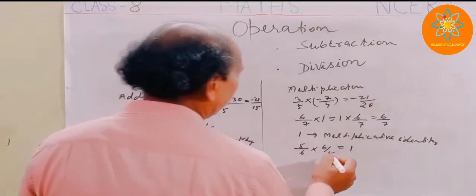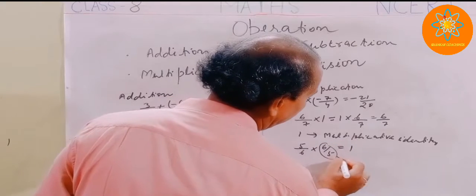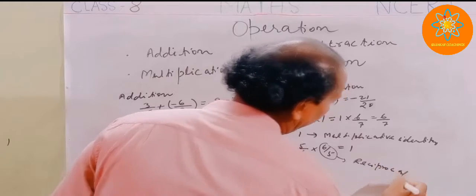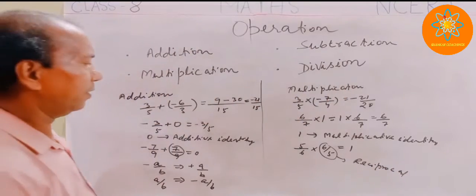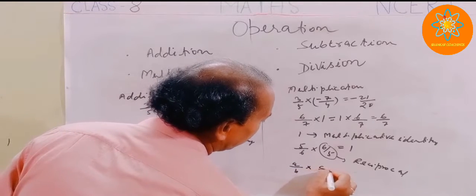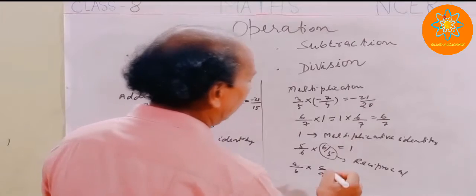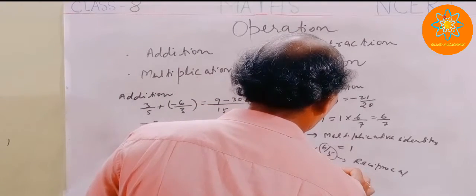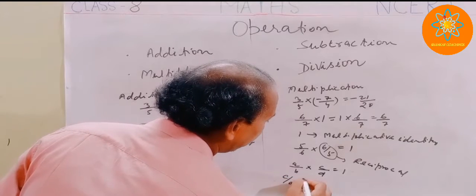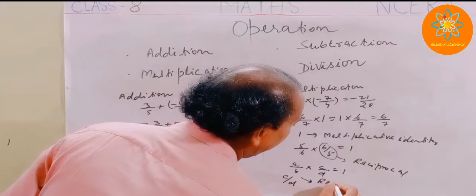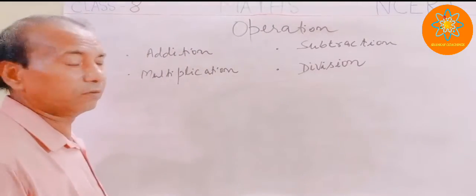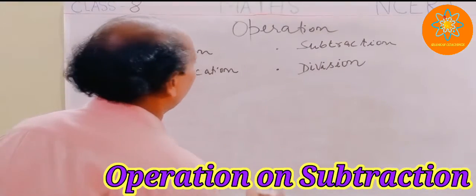So this 6 by 5 is called the reciprocal. I can say that if a by b into c by d is equal to 1, then c by d is the reciprocal.